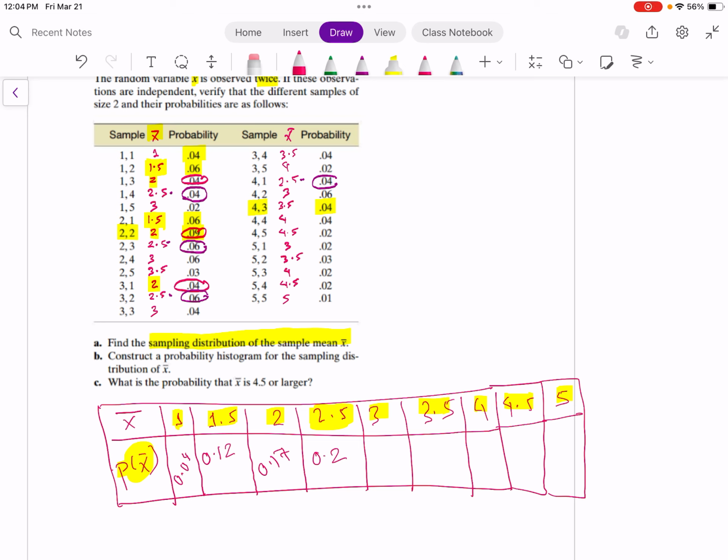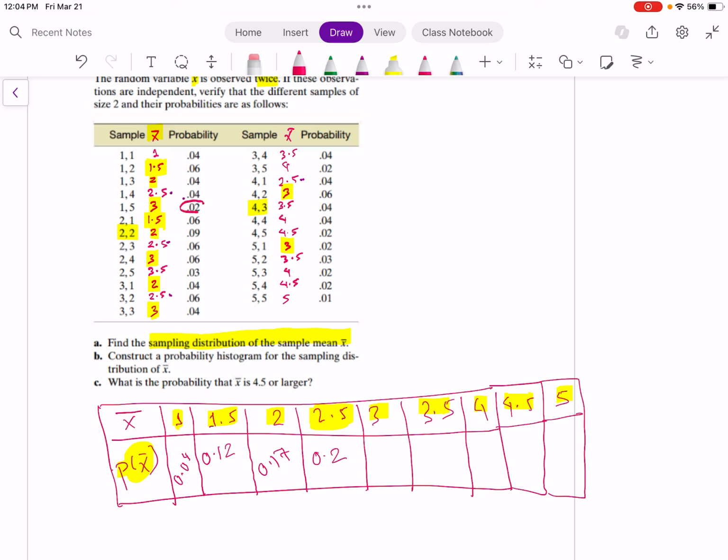Now the next, let's find the probability that x bar takes the number 3. We look for the x bar value 3. We have 3 here, here, here, here, and here. So what will be the probability that x bar is 3? Let's add these probabilities.